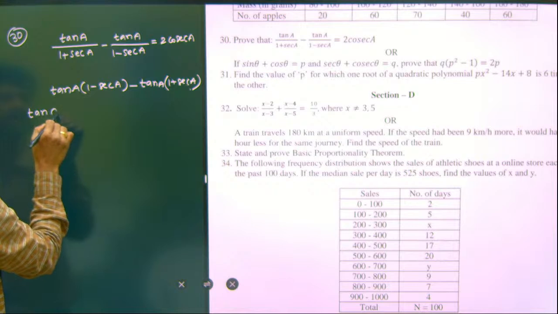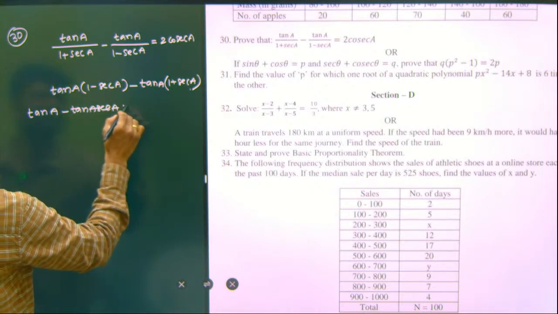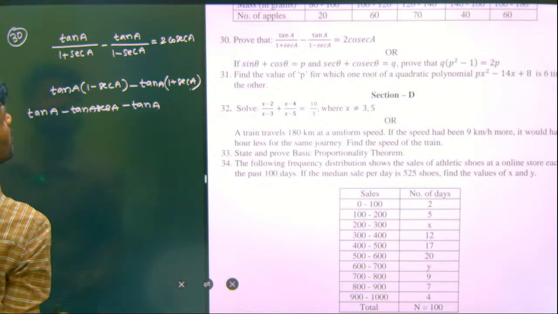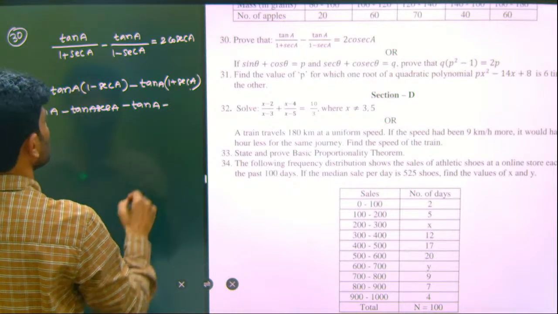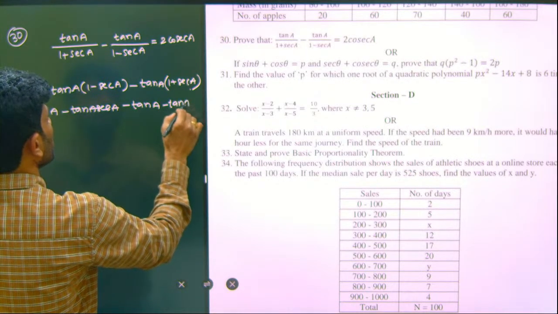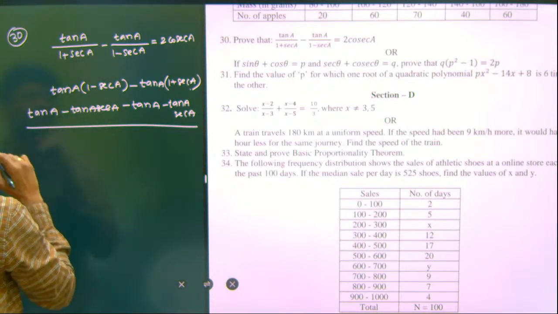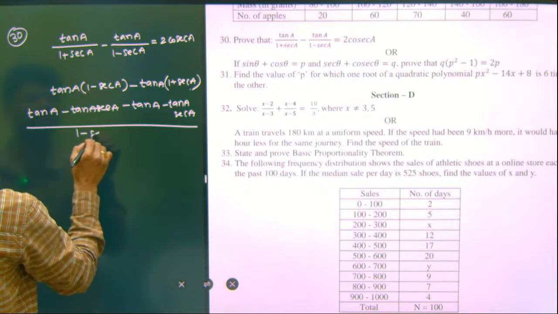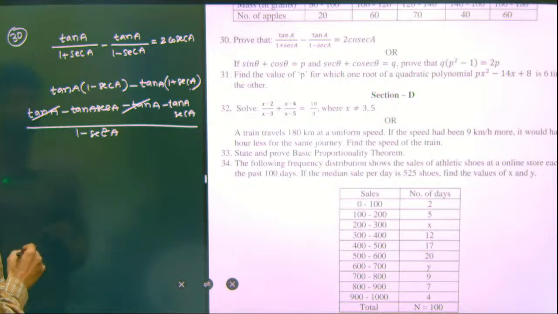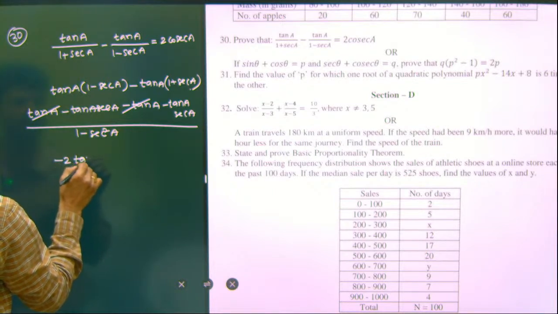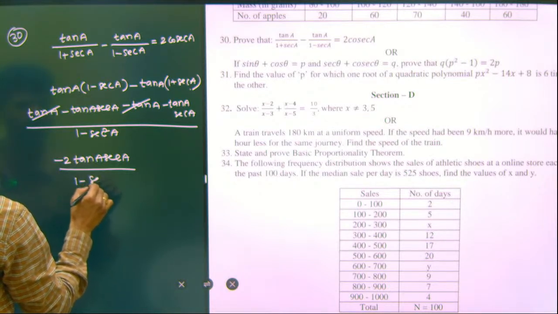Tan A into 1, tan A, minus tan A secant A. Minus into plus, minus tan A secant A, by 1 minus secant square A. So here plus tan A minus tan A cancel. We will be having minus 2 tan A secant A by 1 minus secant square A.